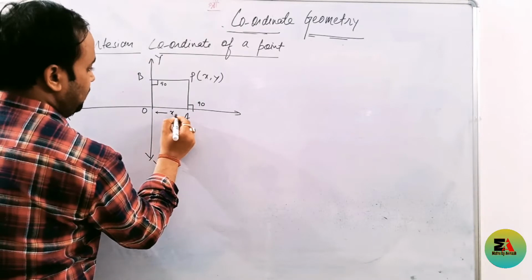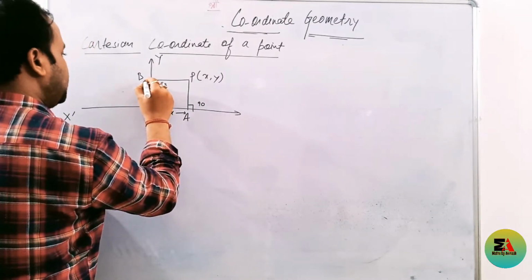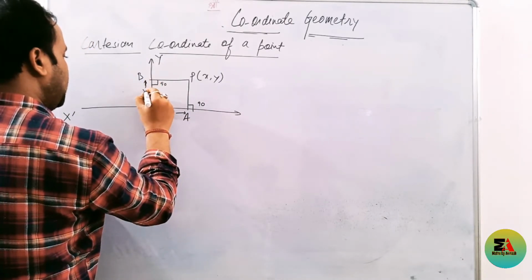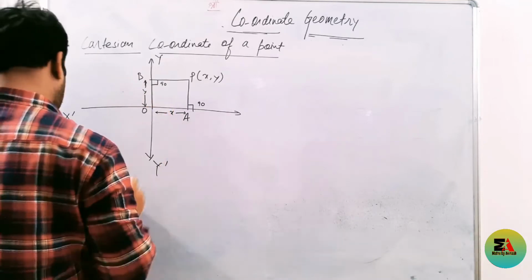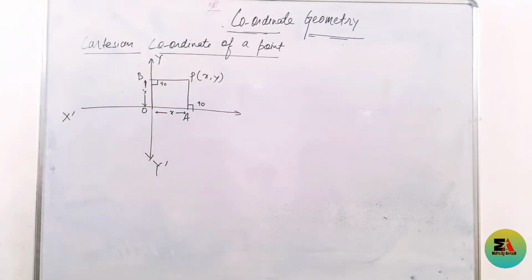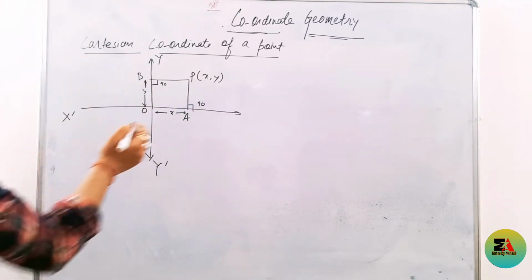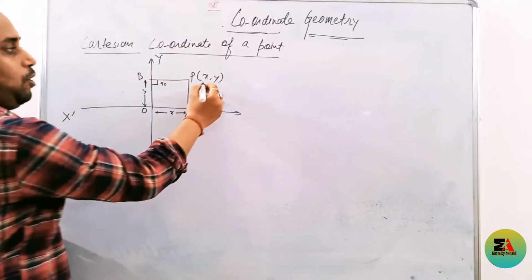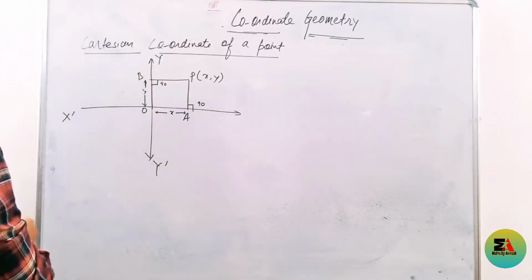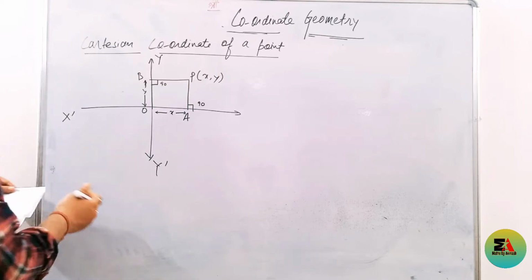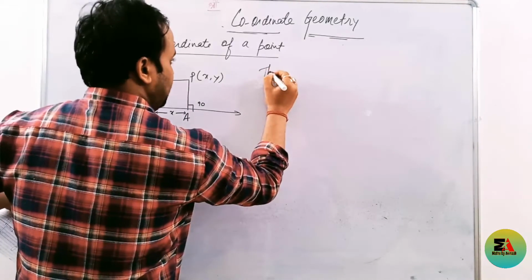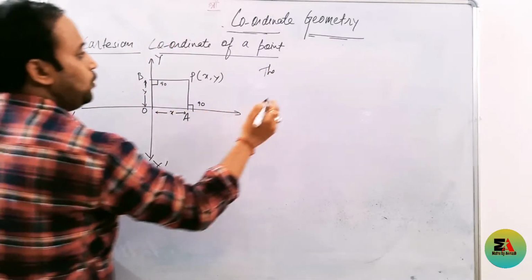This distance will be x and this distance will be y. See how we plot a point. Suppose this is a point we have to plot on an axis. P is (x, y).